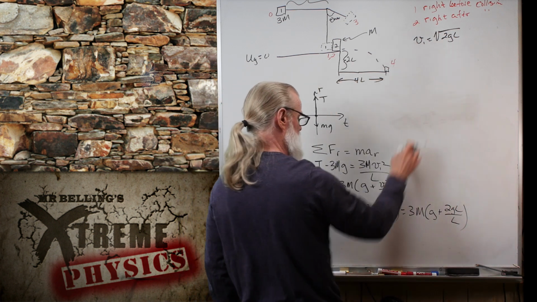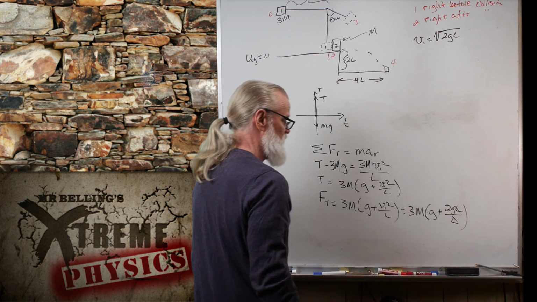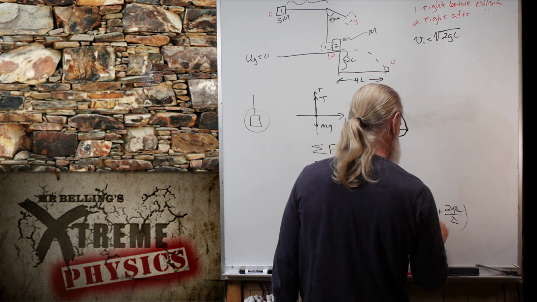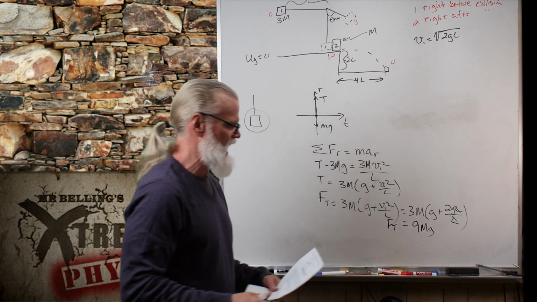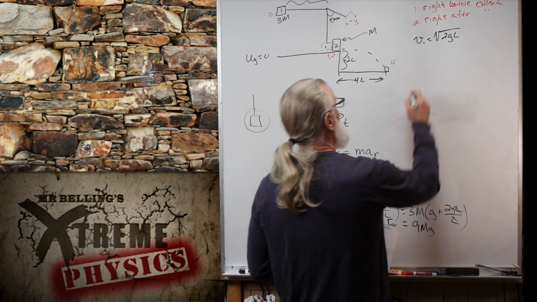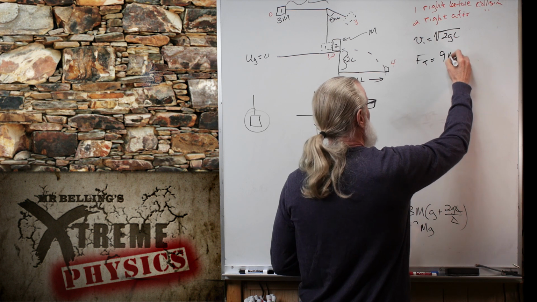So V1 squared is just 2gL. And then what do we got? 3 times 3 is 9. 9mg. All right. F of T equals 9mg.